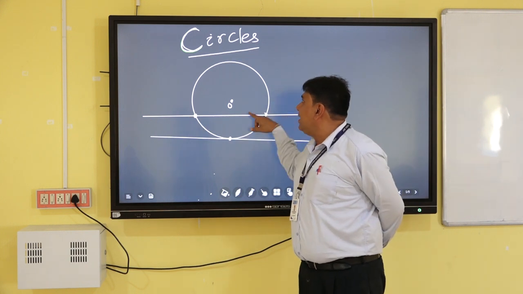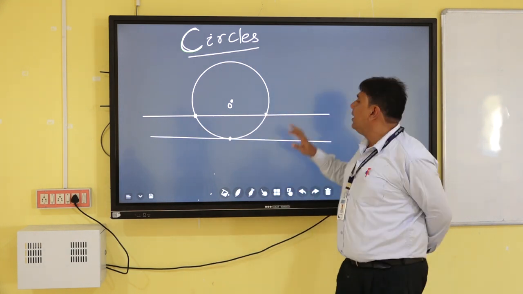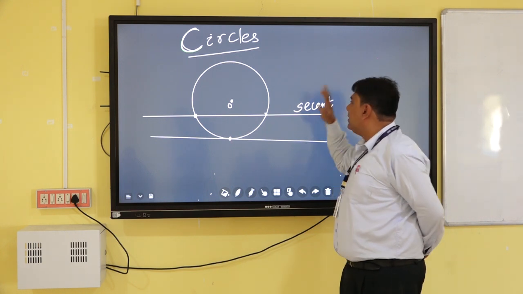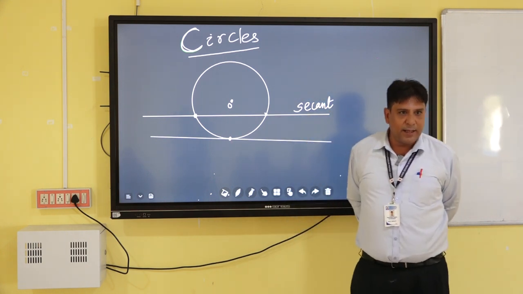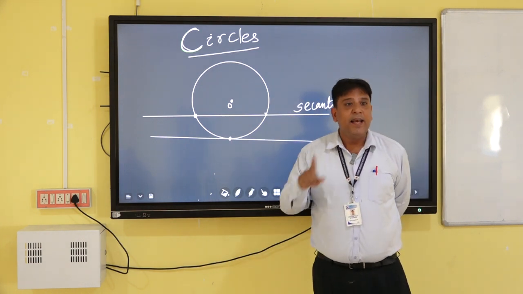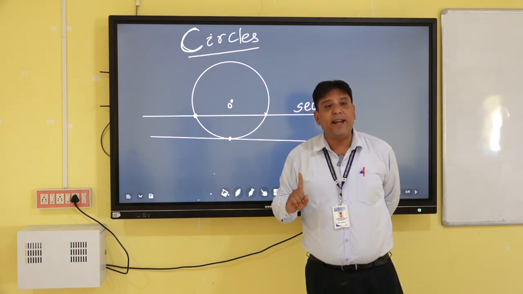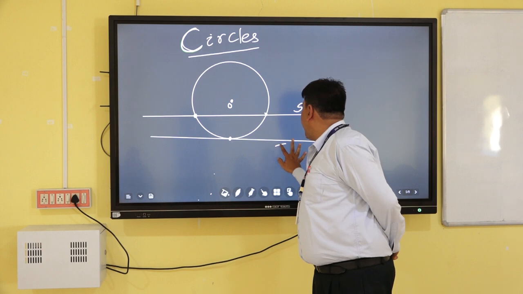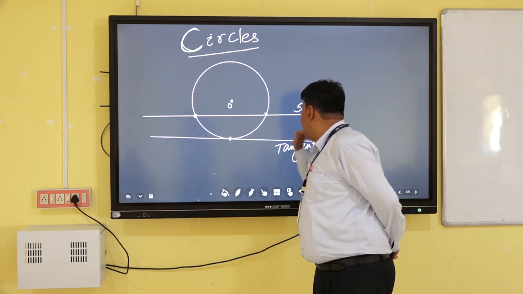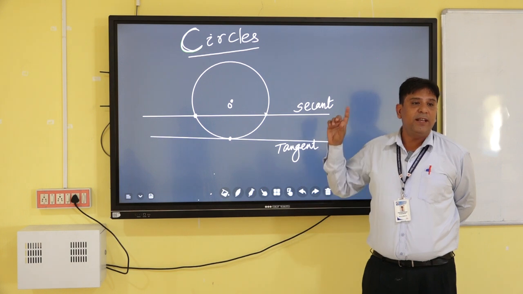This line which intersects the circle at 2 points is called the secant to the circle. And this line which is intersecting the circle at exactly 1 point is called the tangent to the circle. So what is a secant?